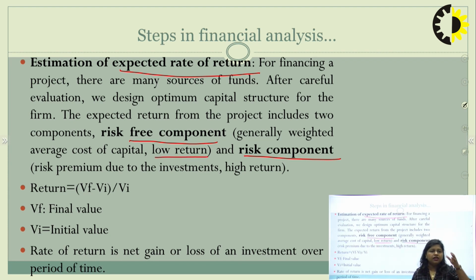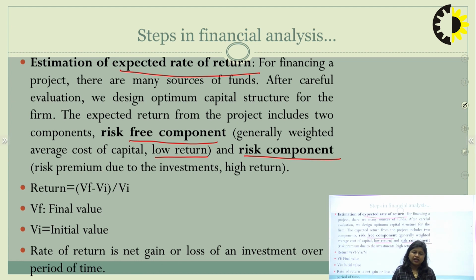For example, if we take a government investment example, like suppose we go for the fixed deposit scheme of the banks. In that we already know that the returns are low, but there is no risk in that.